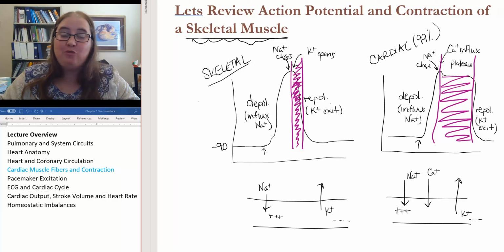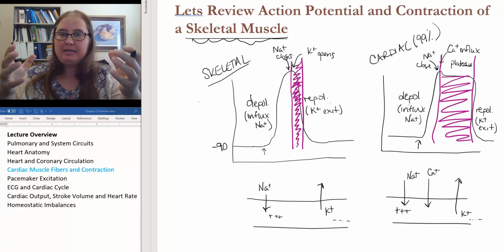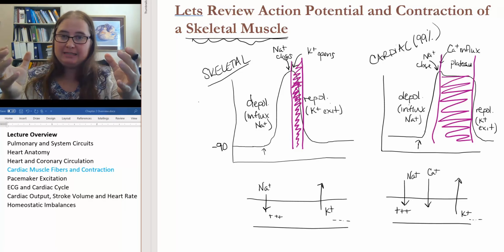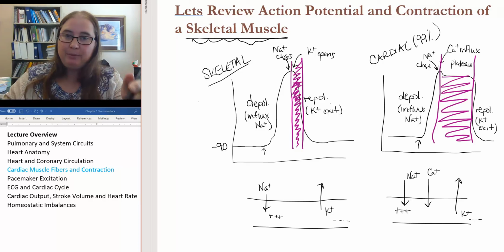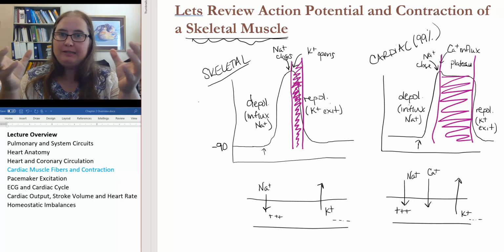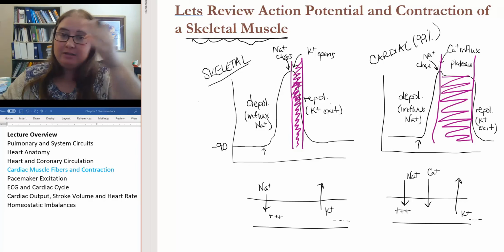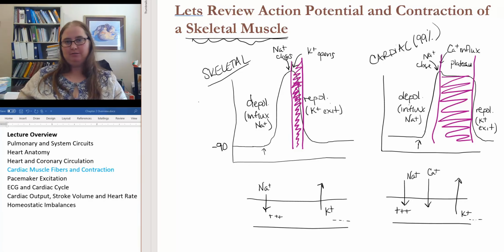The reason you need this plateau is you need to give the heart time to complete its entire contraction before you reset the system. So that plateau allows for all the blood to be ejected from the heart before the next action potential starts. Is that not so cool?